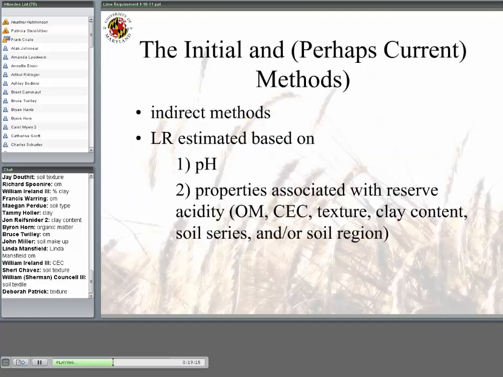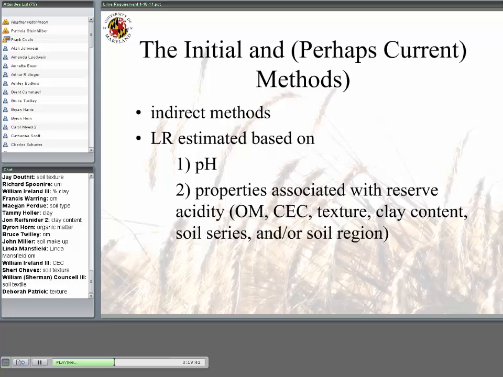Okay, so let's talk about the actual methods or procedures that are used, or were used, to develop lime requirements. The oldest methods, the methods developed by many states first off, in the 20s, 30s, 40s, even 50s, were based on what I'll call indirect methods. Right? We didn't directly measure the lime requirement.